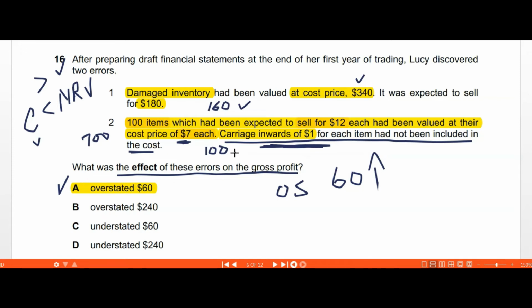However, this 100 counter affected that 160, and the closing inventory was overstated by 60. So the gross profit is also overstated by 60.